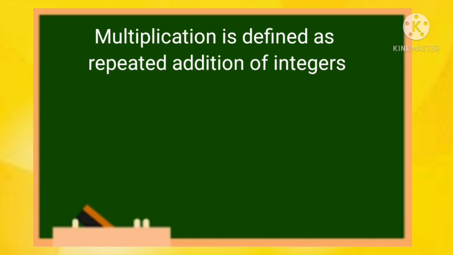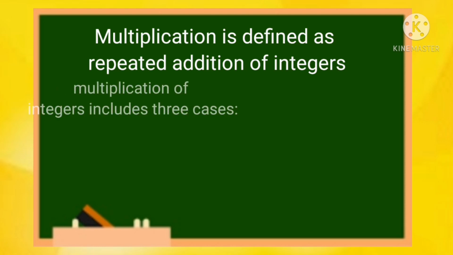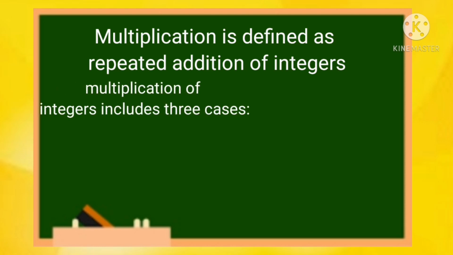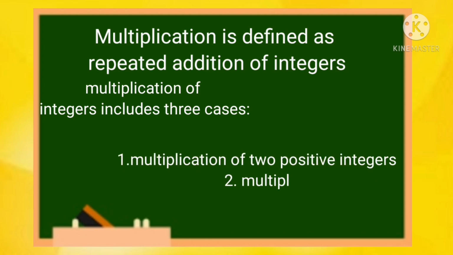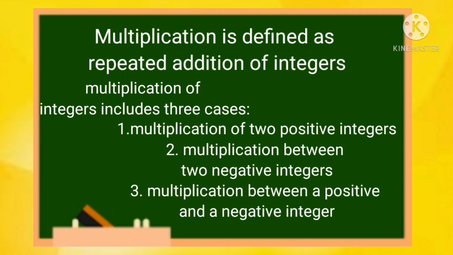Now, how to multiply integers? Multiplication is defined as repeated addition of integers. Multiplication of integers includes three cases. First is multiplication of two positive integers. Second is multiplication of two negative integers.